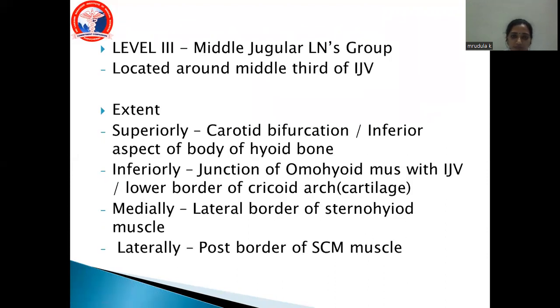Level 3 nodes are the middle jugular lymph nodes. They are located around the middle third of the internal jugular vein. They extend superiorly from the carotid bifurcation, inferior aspect of the hyoid bone, and inferiorly to the junction of the omohyoid muscle with the internal jugular vein or the lower border of the cricoid cartilage arch. Medially, it is the lateral border of the sternohyoid muscle, laterally the posterior border of the sternocleidomastoid.